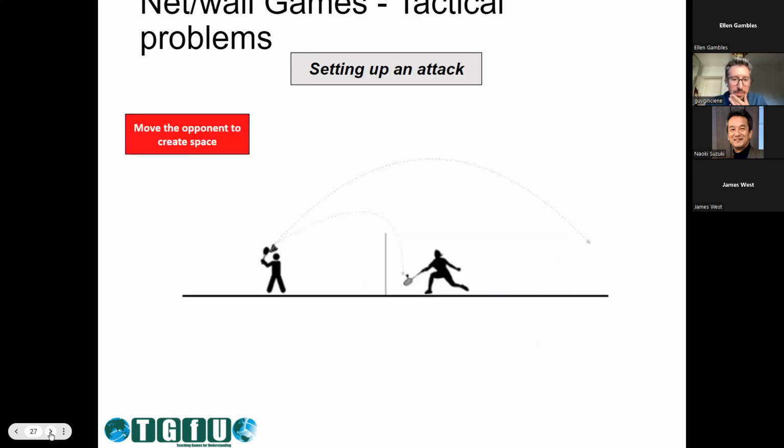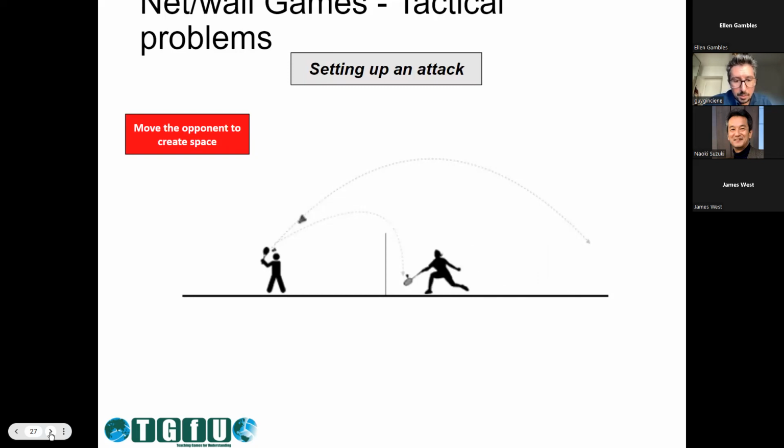Next slide, please. Now, this is the same example of tactical problem, but in another game. This is an example of how we can create space to attack in net wall games where the ball or the shuttlecock cannot bounce on the court, like badminton, for example.